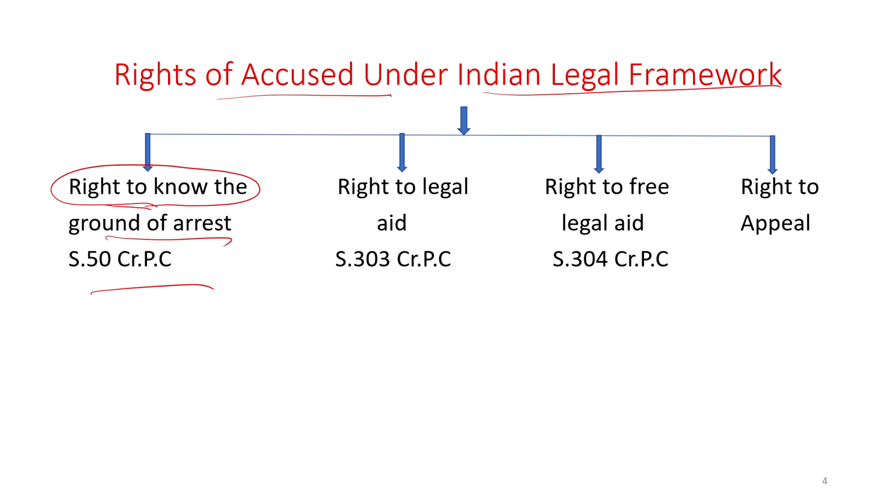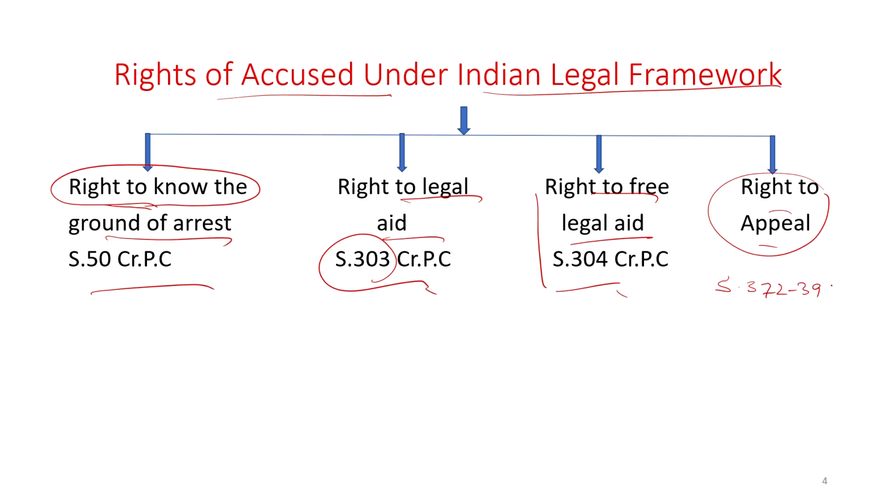So, section 50 CrPC talks about the right to know the ground of arrest. Right to legal aid, section 303 CrPC. Right to free legal aid, section 304 CrPC, and right to appeal. This right to appeal is given from section 372, 394 CrPC.